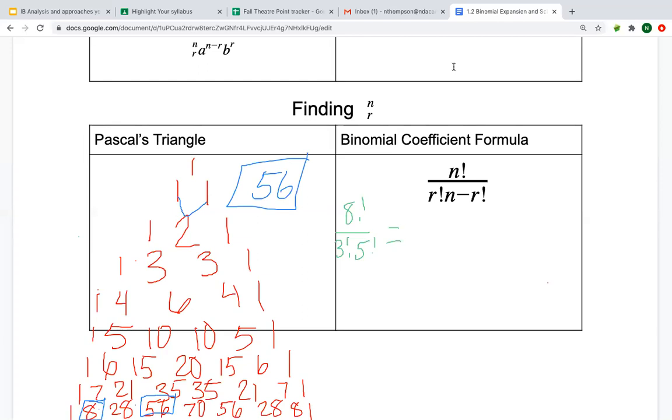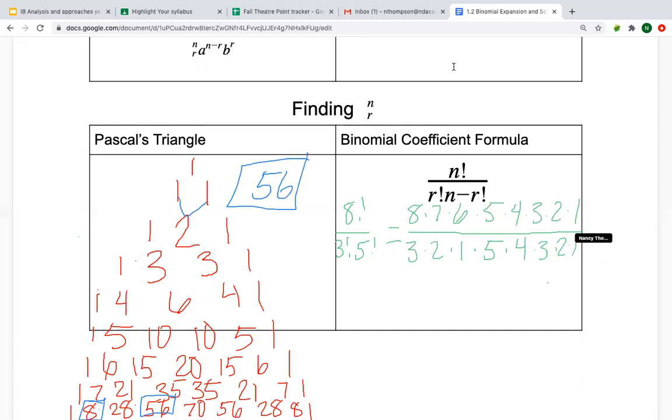So we would have 8 times 7 times 6 times 5 times 4 times 3 times 2 times 1. Divided by 3 factorial, so that would be 3 times 2 times 1, times 5 factorial, which would be 5 times 4 times 3 times 2 times 1.